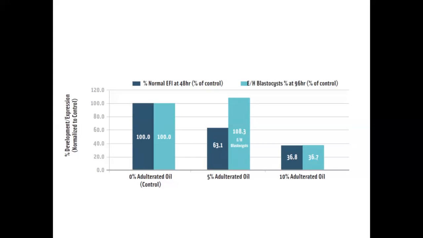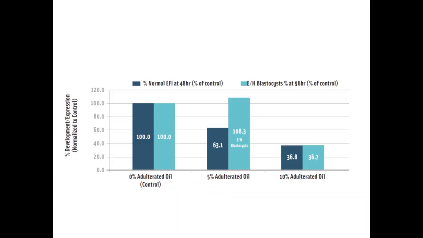But you see, when we add in 5% adulterated oil into the perfect one, for the morphology, the expanded and hatching blasts percent compared with control still works the same. So which means if we just do the normal MEA, it will pass.